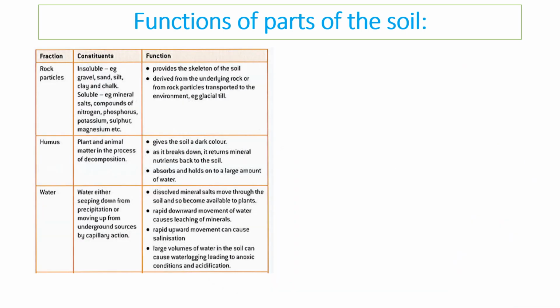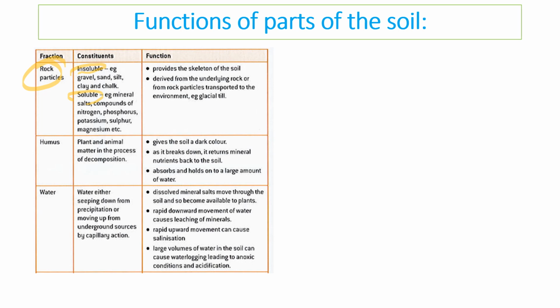So what are the functions of these different parts of the soil? And what are their characteristics? Well, if we start off with rocks, which obviously make up a lot of the soil, these rocks can be insoluble, such as gravel and clay, or they can be soluble, such as the mineral salts found in the soil.